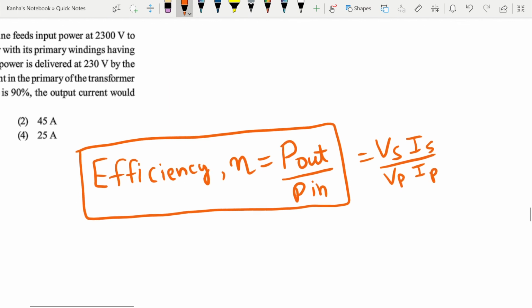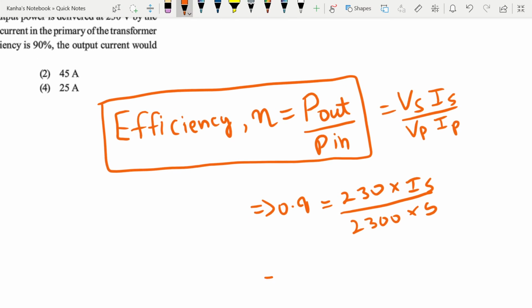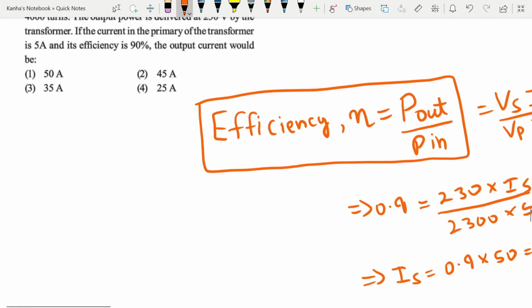Okay, that implies 0.9 is equal to 230 into I of secondary divided by 2300 into 5, which basically implies that IS is nothing but 0.9 into 50 is equal to 45 ampere. Therefore, the output current is 45 amperes.